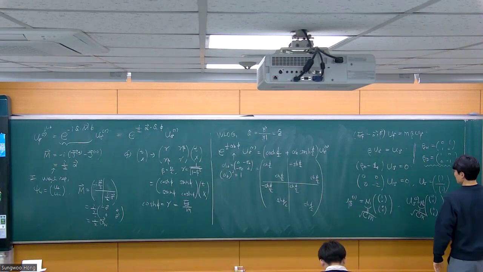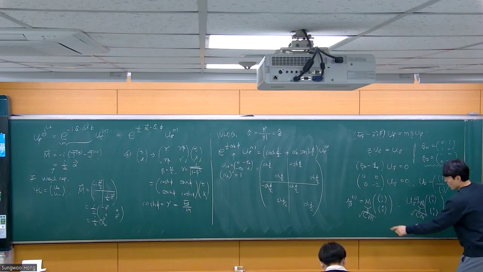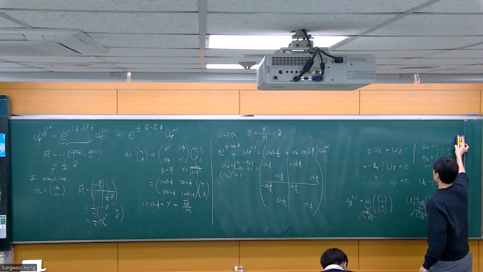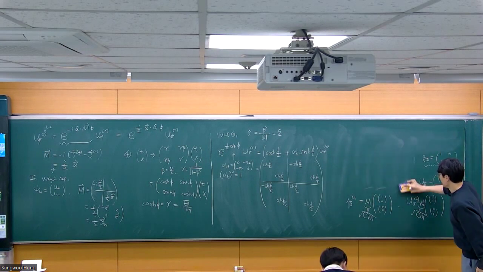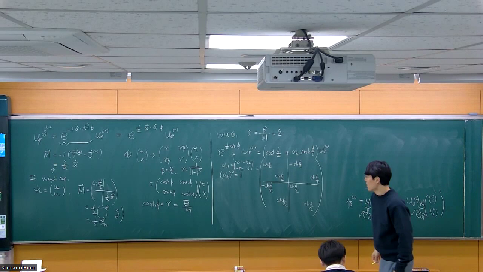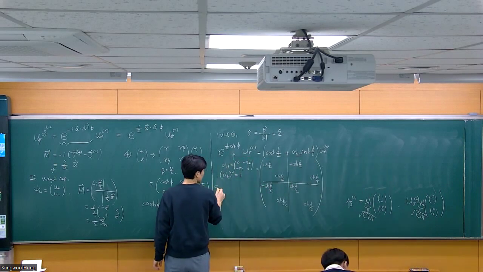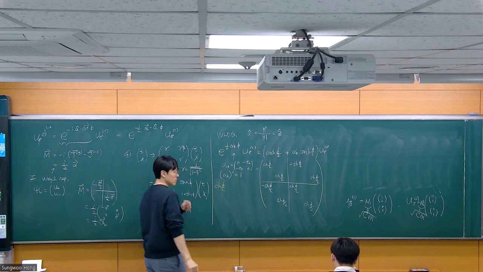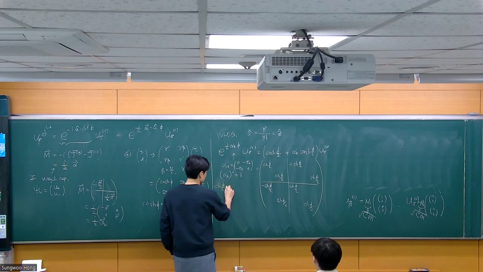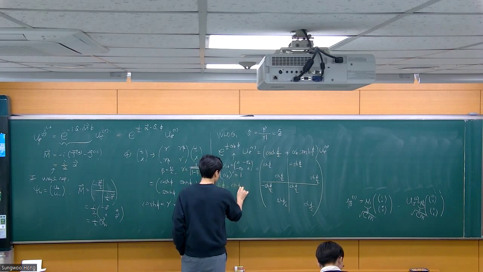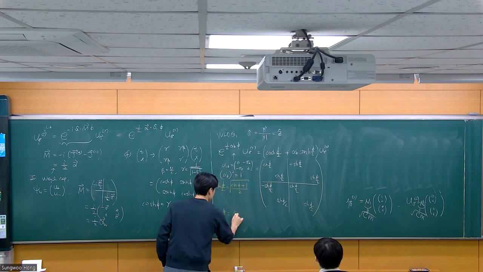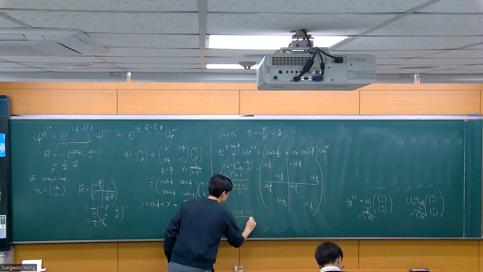Let's remember this is a zero momentum solution. Now we are about to fix this. What is the cosine hyperbolic of phi over 2? That is the square root of cosine hyperbolic phi plus 1 over 2, and sine hyperbolic phi over 2 is the square root of cosine hyperbolic minus 1 over 2.